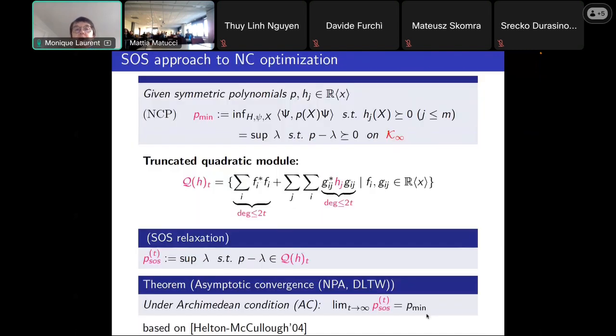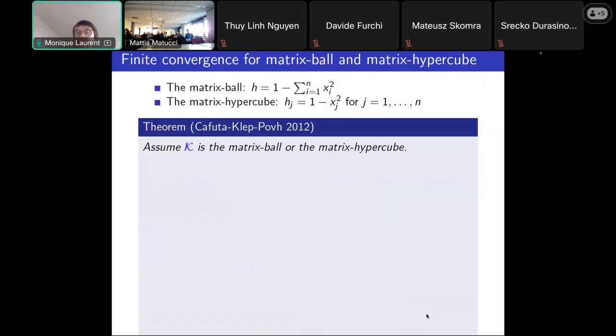But so asymptotic convergence under the Archimedean condition holds. On the other hand, some things happen in the non-commutative case which are nicer than in the commutative case. And one such nice thing is, for certain constrained optimization problems, one can actually show finite convergence, which was not true in the commutative case.